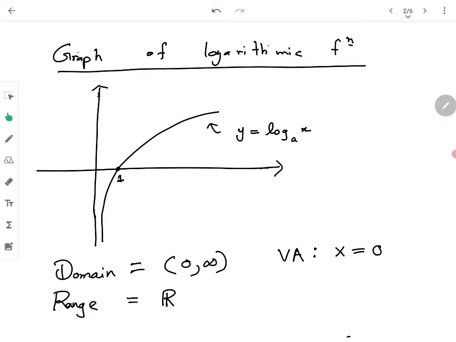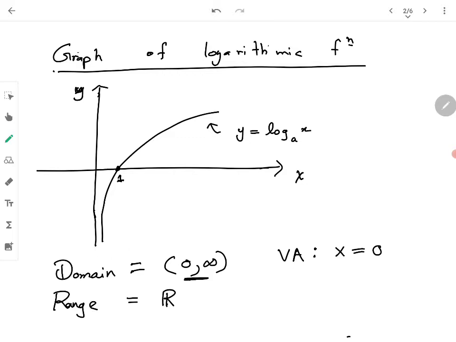Okay, next the graph of the log function. The graph of the log function crosses the x-axis at 1, and it's an increasing function, and the domain is the x values it can take.